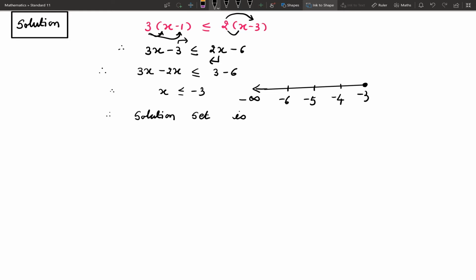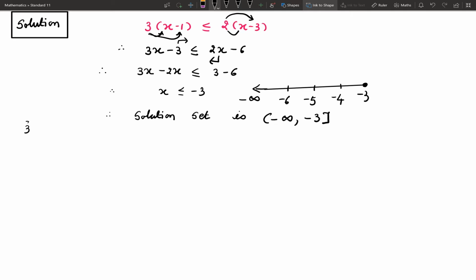So the solution set is the open interval minus infinity. Here the inequality is slack, so on this side we have to write a closed interval. So the solution set is open interval minus infinity to closed interval minus 3. This is the solution set.